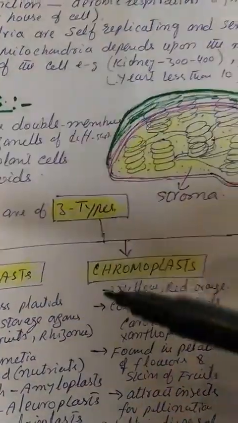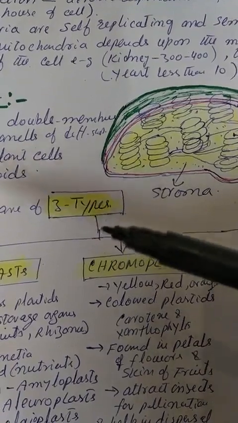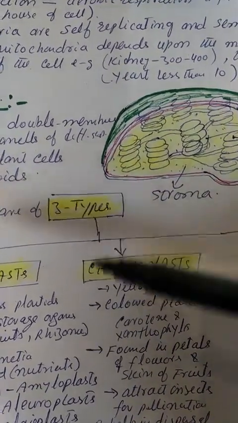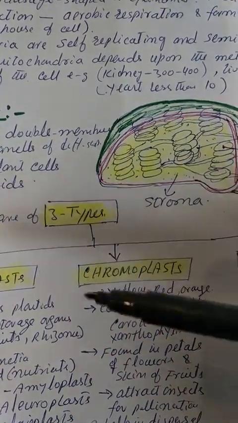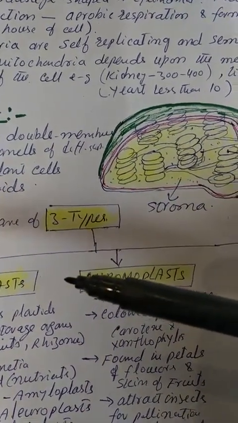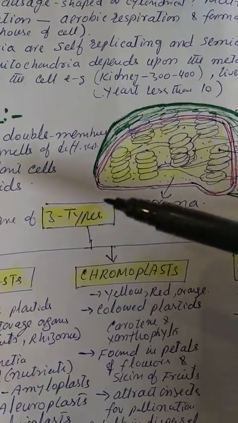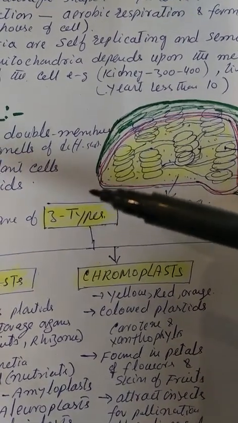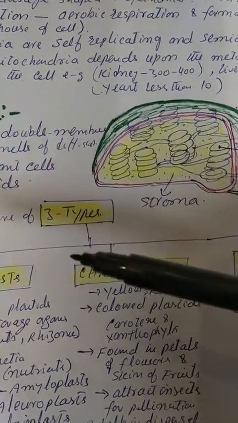The main function of these leucoplasts is to store nutrients like starch. If they store starch, then they are called amyloplasts. Similarly, sometimes they are used to store proteins, then they are called aleuroplasts.